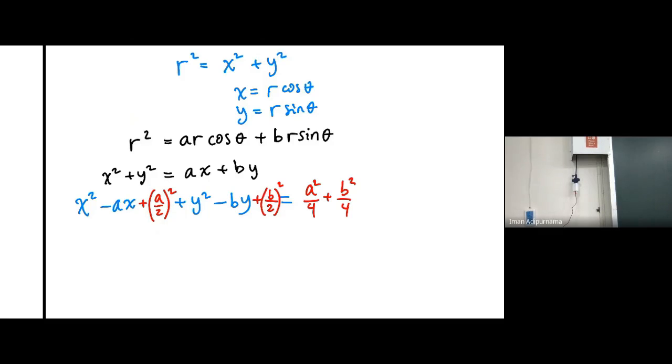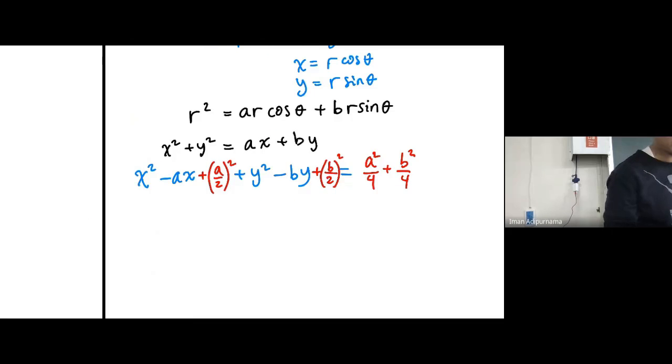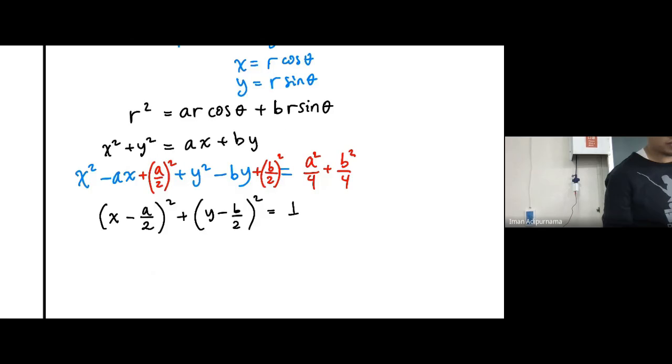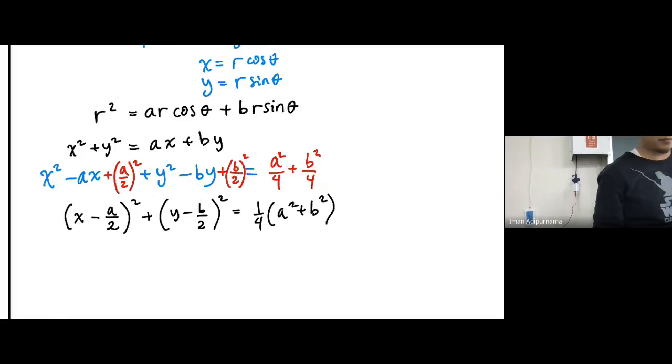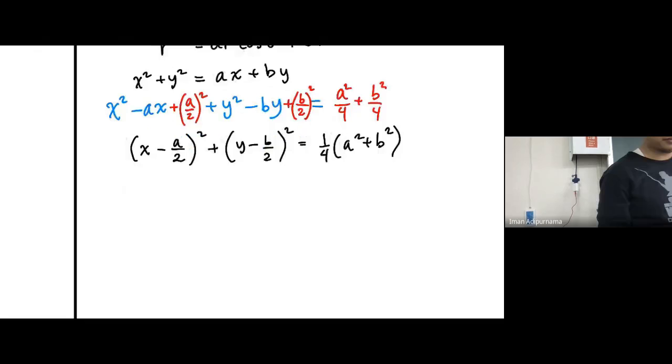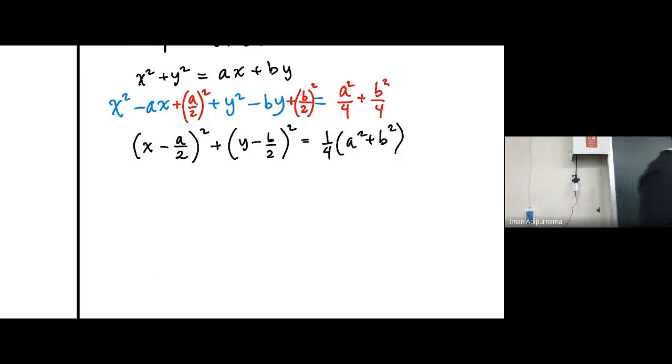And this perfectly becomes our standard form. It becomes x minus a over 2 squared plus y minus b over 2 squared equals 1 over 4 times a squared plus b squared. So this is the circle, x squared, y squared, and this is the radius squared.